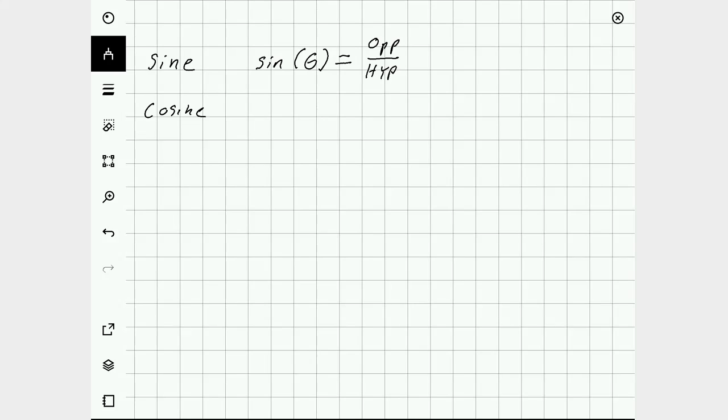The cosine, which we abbreviate cos as a function of theta, is the adjacent side over the hypotenuse.